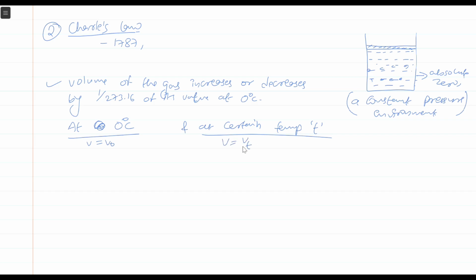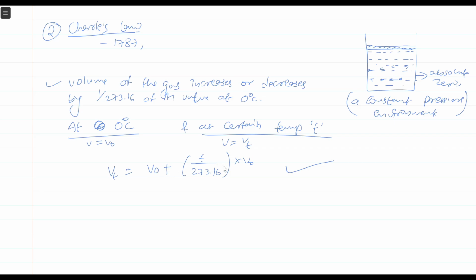Then Vt is equal to V naught plus T by 273.16 into V naught. This is the formulation for Charles law.